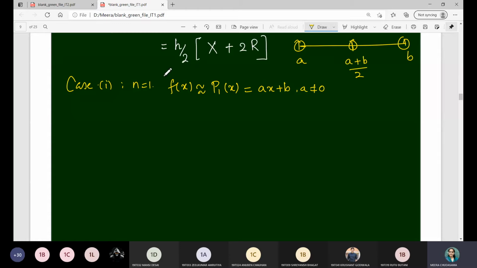So here we will consider the first case, n is equal to 1, which will give you the trapezoidal rule. So though we have derived it geometrically yesterday, today we will derive it from the numerical quadrature formula first.